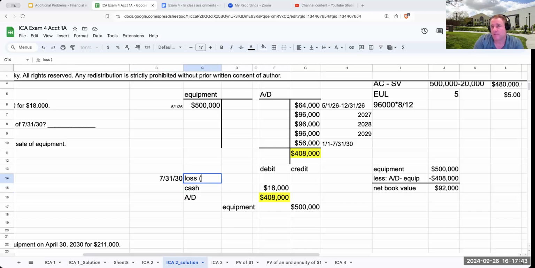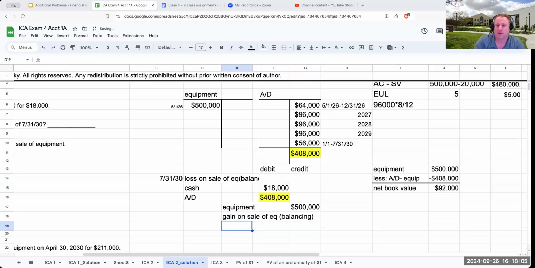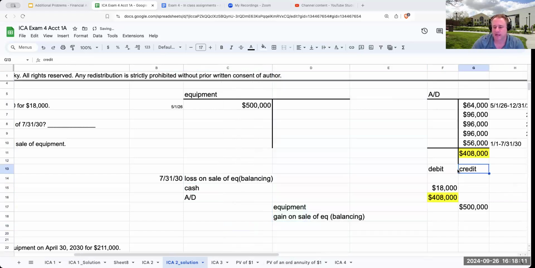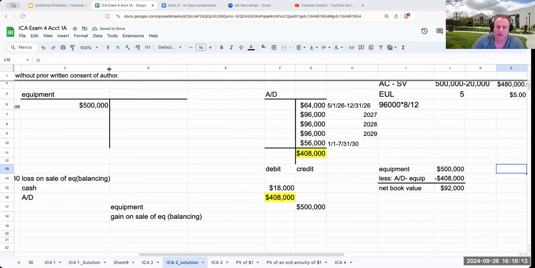If I need a debit, this is going to be a loss on sale of equipment, and I call this a balancing entry. If I needed a credit to balance, this would be a gain on sale of equipment, balancing.